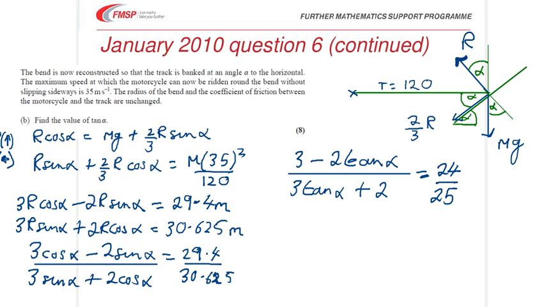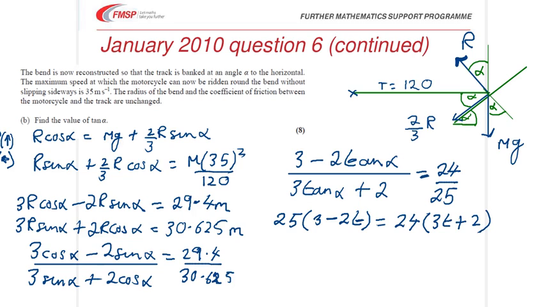I'm running a bit short of room. I'll just call tan alpha t, just to keep the space down to a minimum. 3 minus 2t equals 24 into 3t plus 2, wait, 25 times the left side equals 24 times the right.